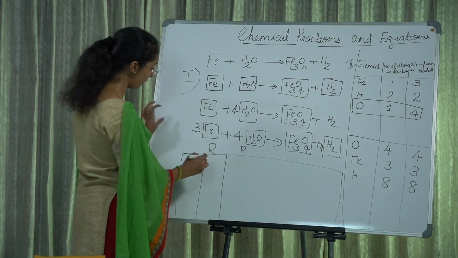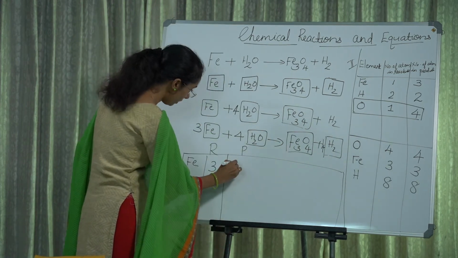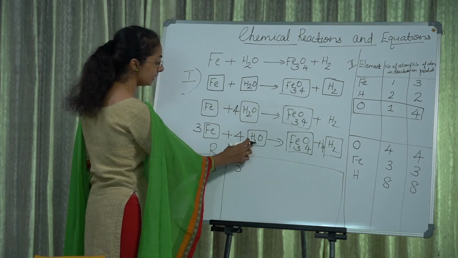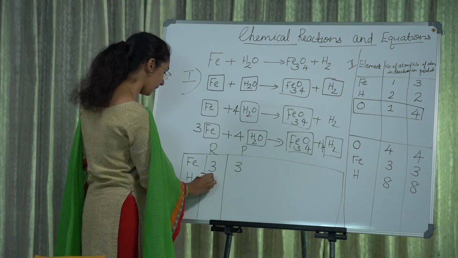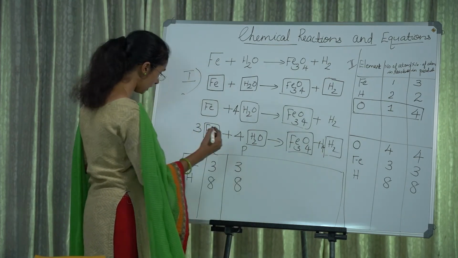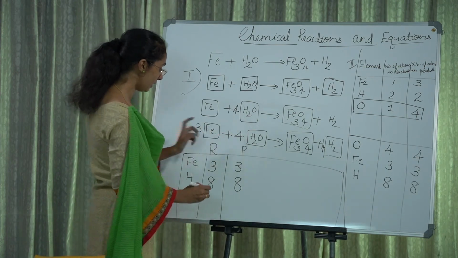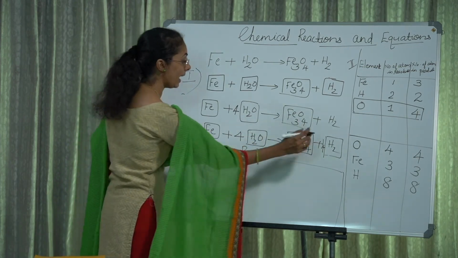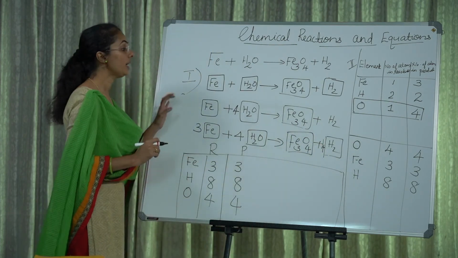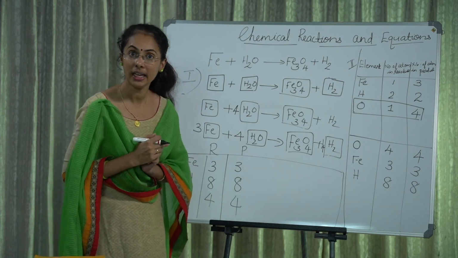Fe is 3 in the reactant side and also 3 in the product side. Then H in the reactant side 8, the product side also 8. Then O in the reactant side 4 and the product side also 4. So in this way we can balance one chemical equation.